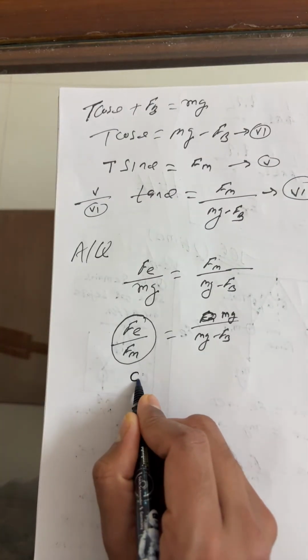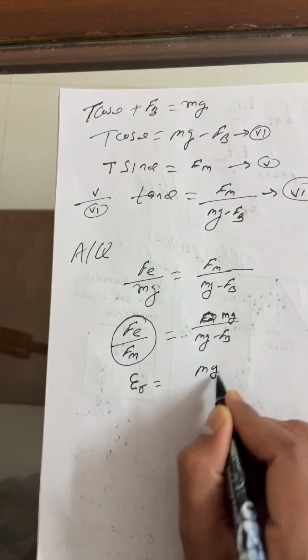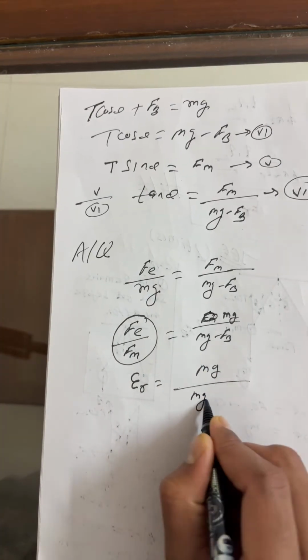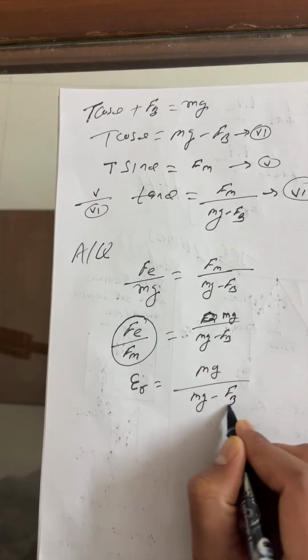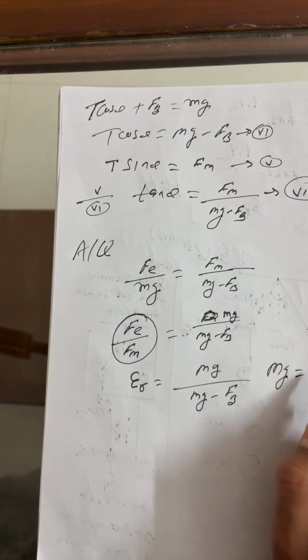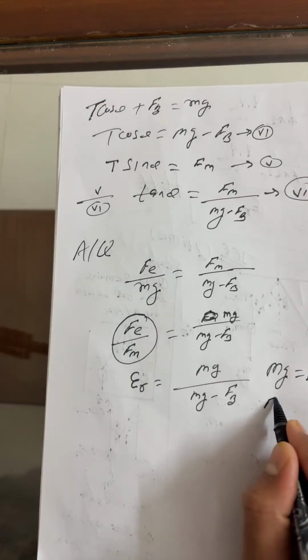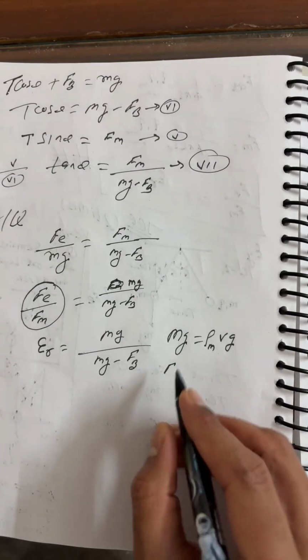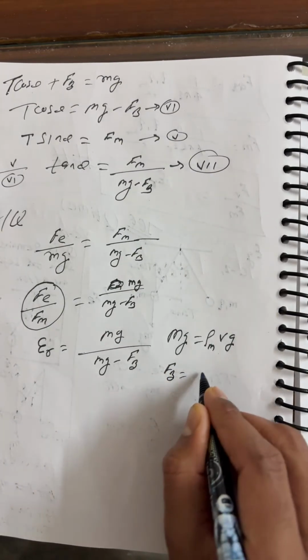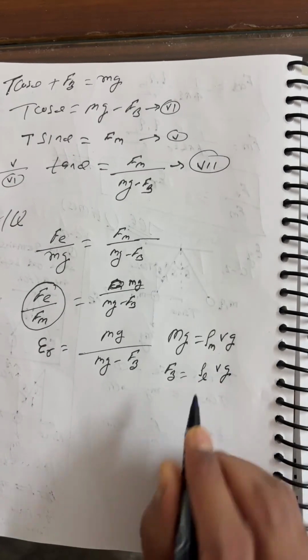So this is epsilon r, which equals mg divided by (mg minus the buoyancy force). I can write mg as density of material into volume into g. The buoyancy force is density of liquid into V into g.